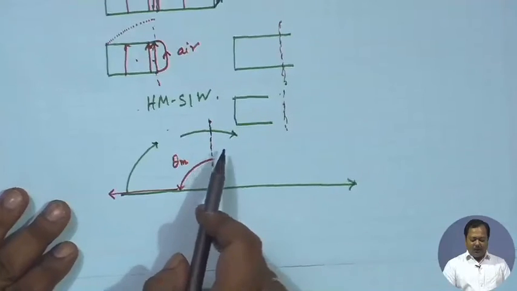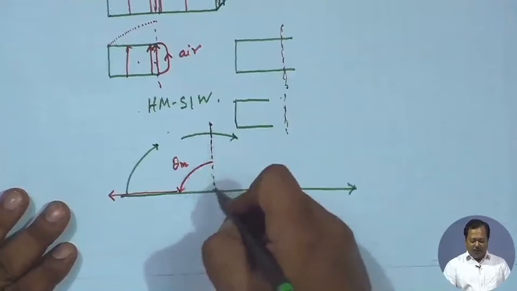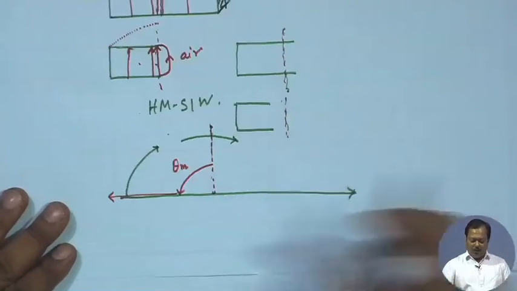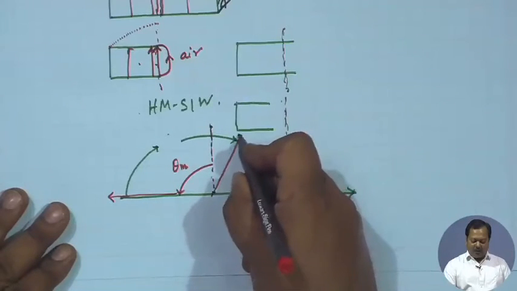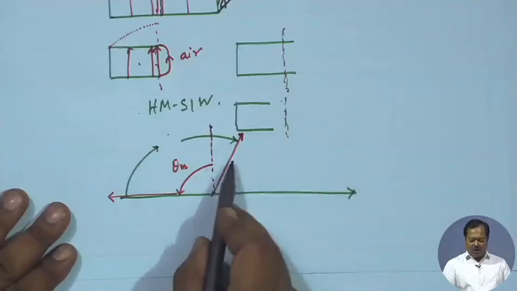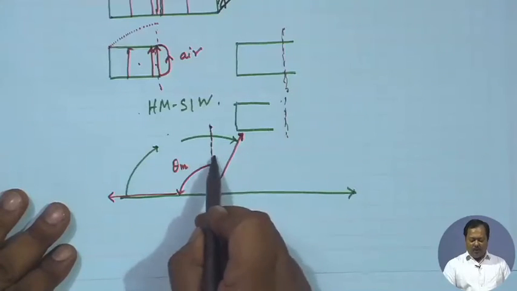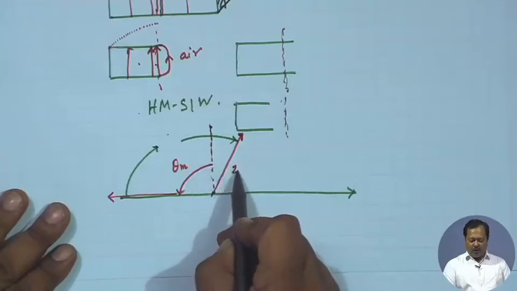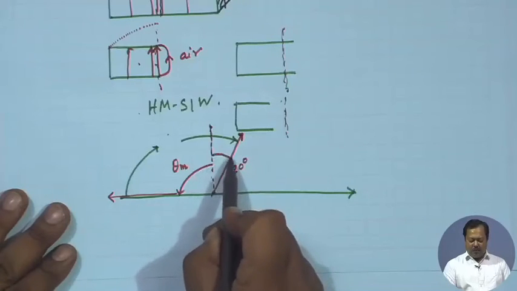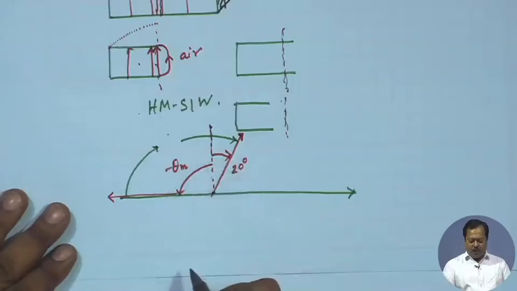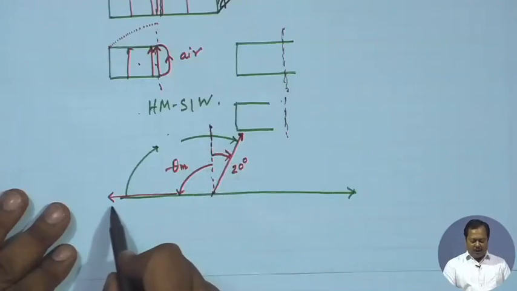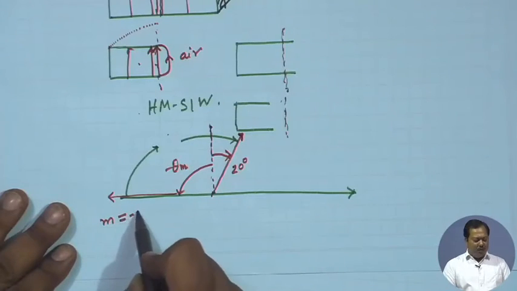After that, if we keep on increasing the frequency, the main beam will now be in the first quadrant. But the problem is that at some value, let us say when the main beam is at theta m equal to plus 20 degree, a second beam will appear for which m equal to minus 2.